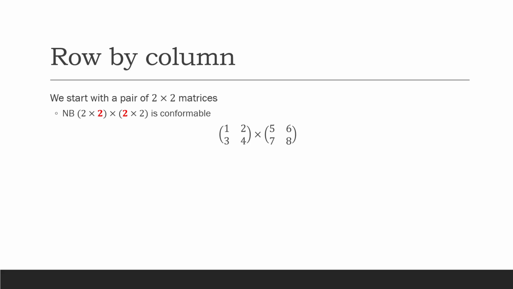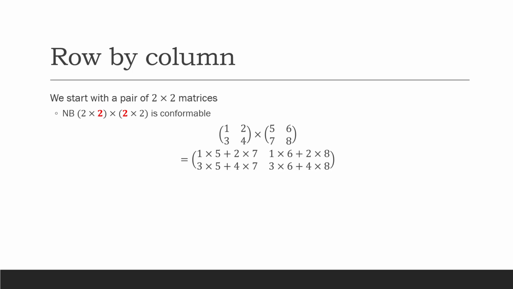Then we go to the second row, 3 by 5 plus 4 by 7. And we go to the second row and second column, 3 by 6 and 4 by 8. You see that? So it's worth, when you're doing this at first, to write that down a few times. Okay, don't try to do it in your head yet.